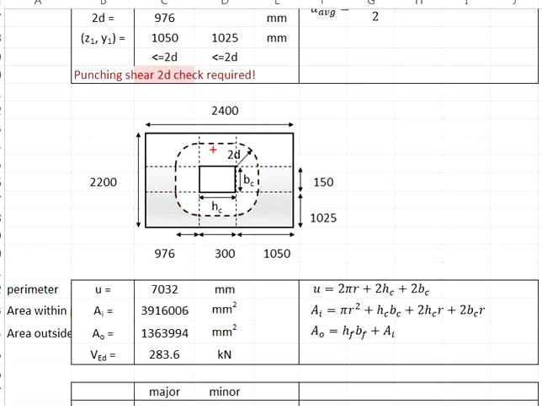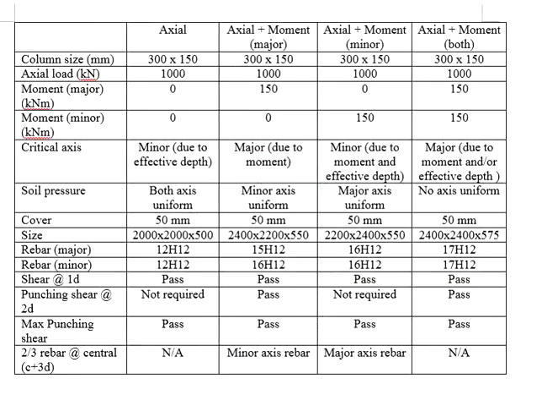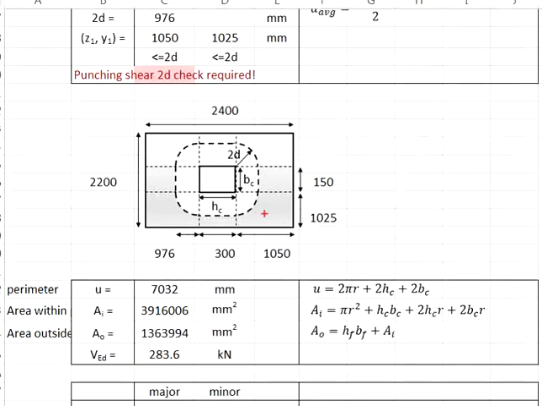plus the distance of 2D, you will have your perimeter of 2D still within the pad footing. As for this side, shorter width of the column plus 2D. If it also falls within the pad footing, then you need to check for the punching shear at 2D. Now take this as an example. Now you will have moment acting in the minor axis.